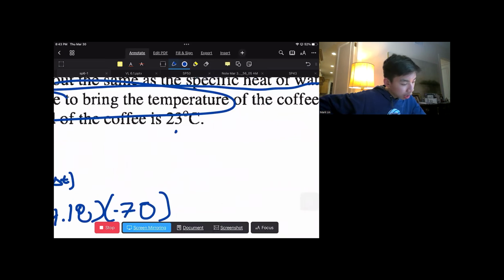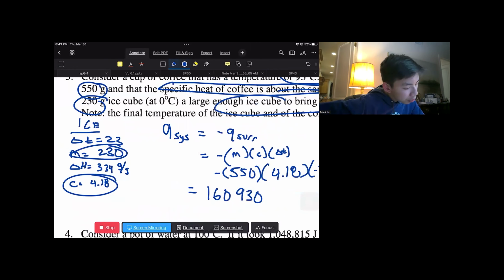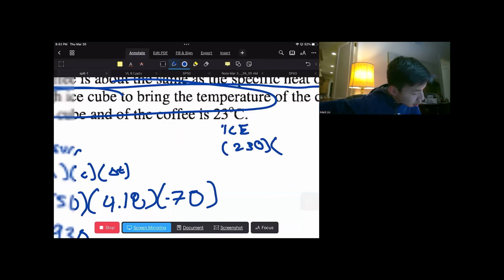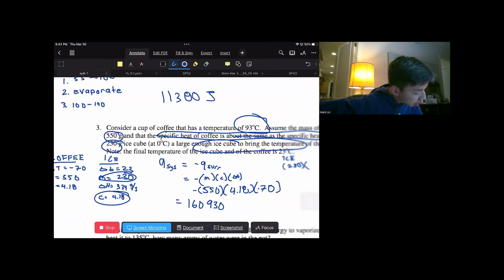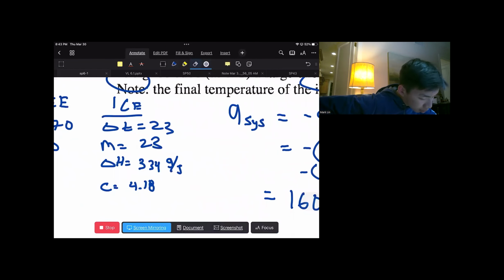So for the ice, in order to melt it, that's the molar heat of fusion. Our mass is going to be 230, and our heat of fusion is going to be 334.